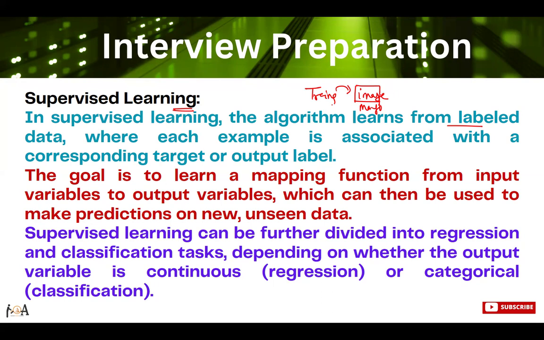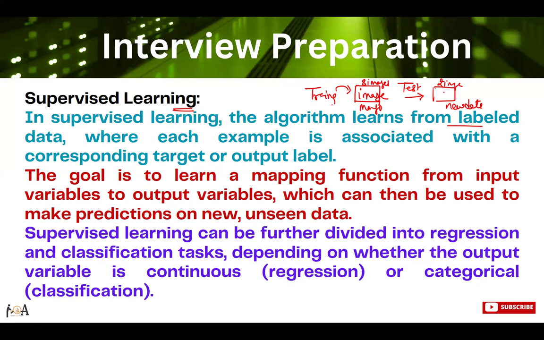After training on such data, we will consider some new data and test our algorithm, to see whether our algorithm has learned perfectly or not. So let's say I have trained on eight images, that this is mango, this is apple, and the new two images I am testing, to see whether my algorithm learned perfectly or not.